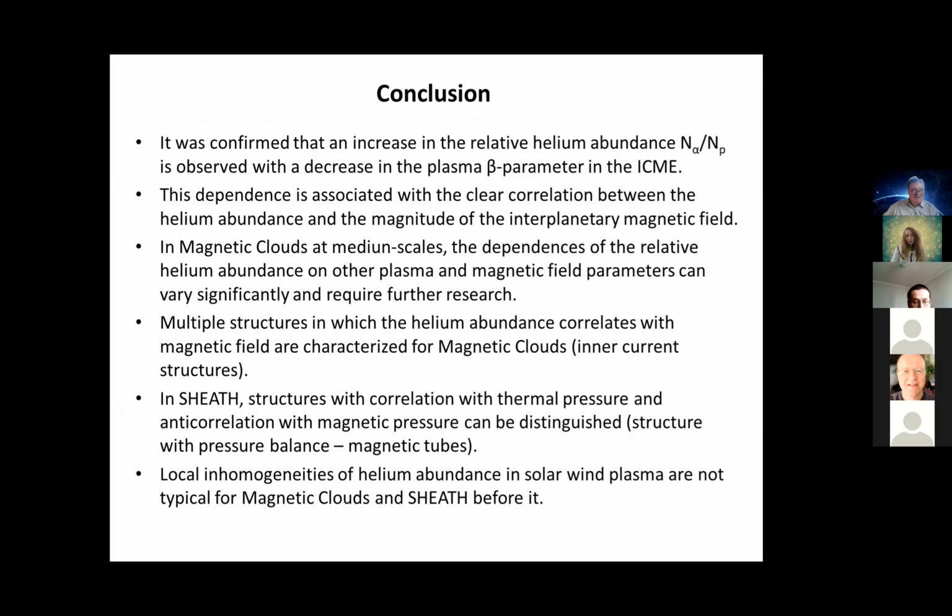We considered that an increase in relative helium abundance is observed with a decrease in the plasma beta parameter in the coronal mass ejection and showed that this dependence is associated with the clear correlation between the helium abundance and magnitude of the interplanetary magnetic field.